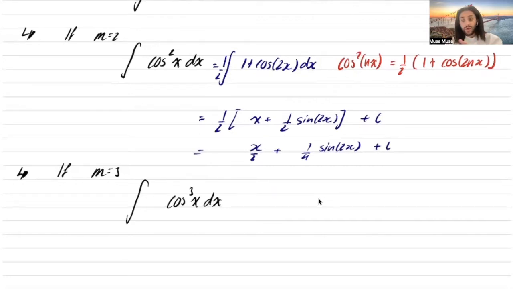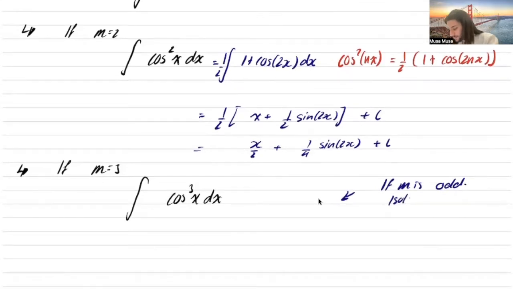So the trick with something like this, particularly if m is an odd number, is to isolate one of the cos x's. And you'll see why I'm going to do this.